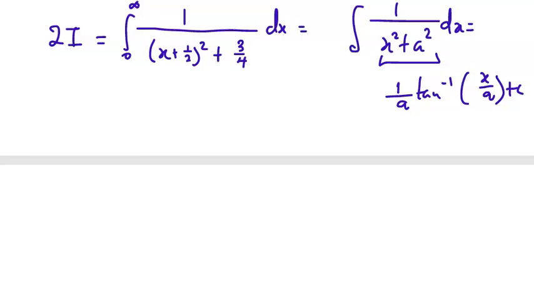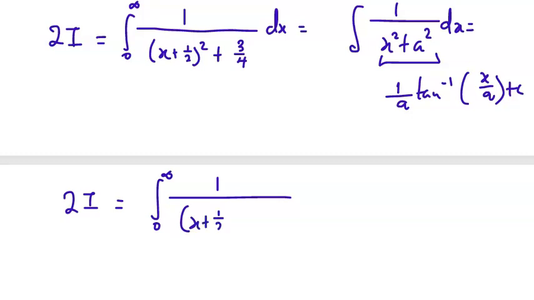So how can we achieve this goal? This is what we're going to do. So this is equal to the integral from 0 to infinity of 1 all over x plus 1 over 2 whole squared plus root 3 divided by 2 whole squared. Then dx. Did you get the idea?